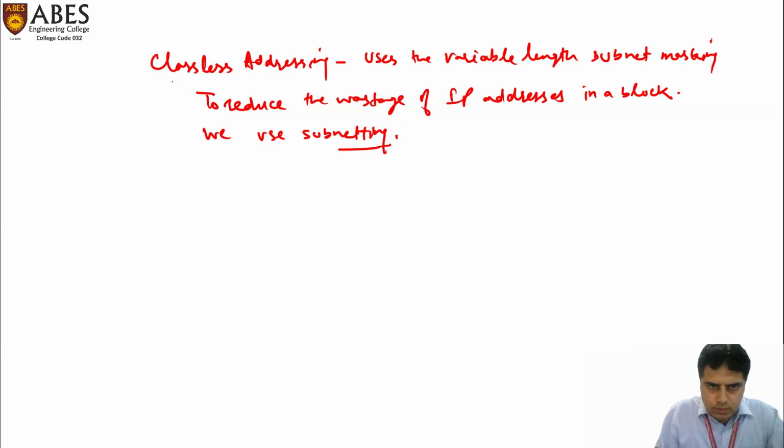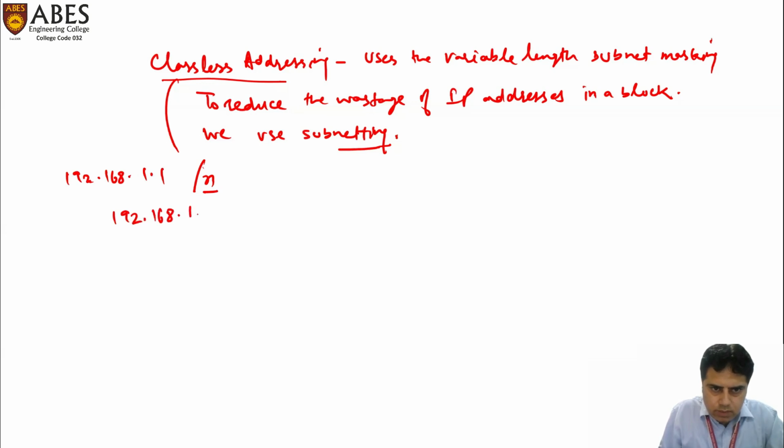So first of all, we will understand what is classless addressing. Classless addressing means there is no class. For this classless addressing, we use the representation /n. There is some IP address like 192.168.1.1 slash, that may be some number, 28 suppose.